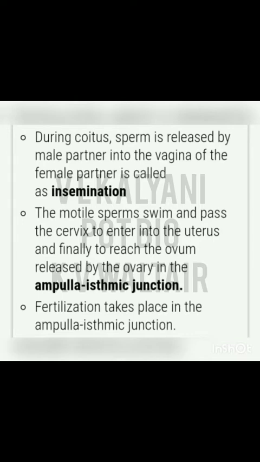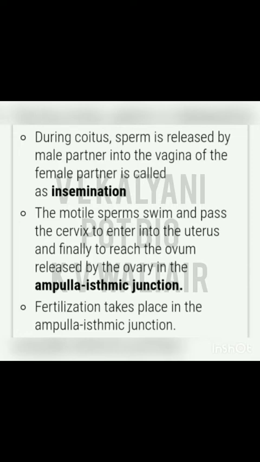Here the sperms have already reached, and the egg has also reached simultaneously. Then the egg and the sperm will fuse, and fertilization takes place. So children, you should know the place where fertilization takes place, that is the ampullary isthmic junction.